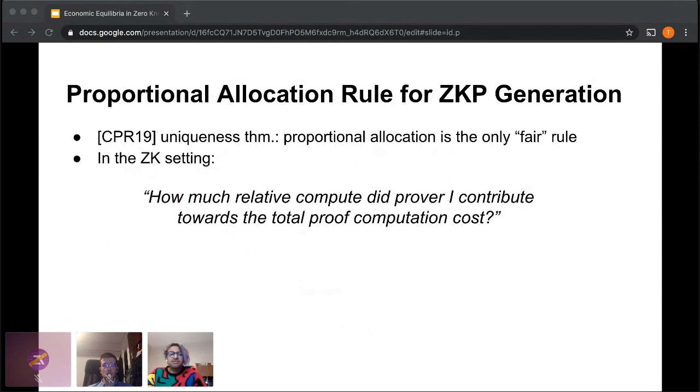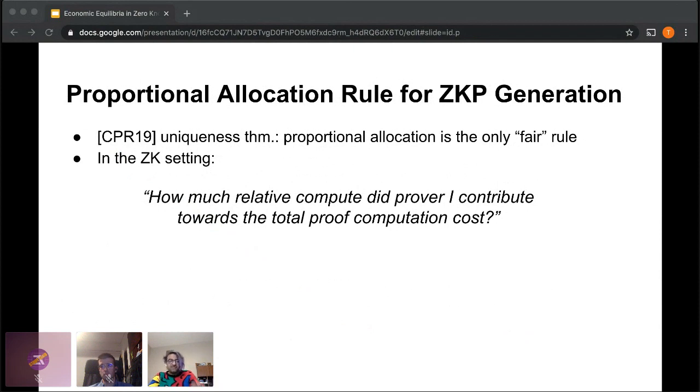So the naive thing to say might be, hey, doesn't the proportional rule work? In the sense that the proportional rule should be the only fair rule. But the real question is, in zero knowledge proof generation, how much compute does a prover i actually compute?